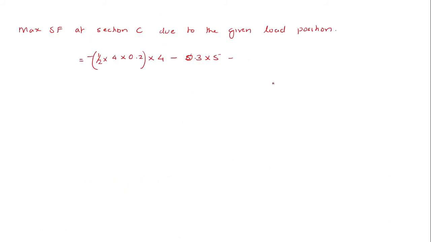So this will be equal to plus 0.6 into 8 plus 0.5 into 4 plus 0.35 into 6. This will give me a value of approximately 5.8 kilonewton. So this is how you find the maximum value of bending moment and the maximum value of shear force.